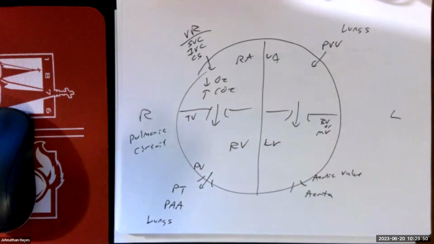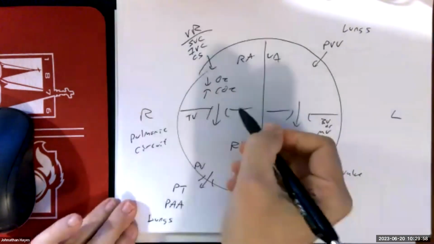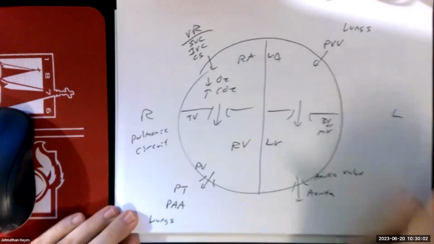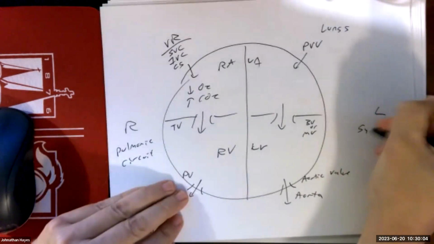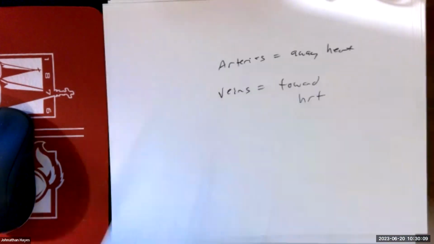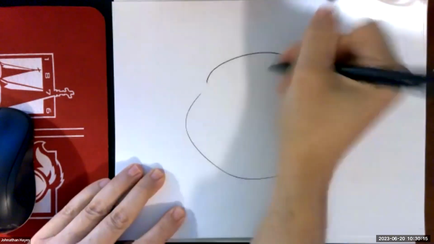Through capillaries, of course, the gas exchange and the nutrient exchange will take place. And then from the capillaries, the venous system will form, right? And then the veins will bring the blood back to the heart again, and you just keep repeating this cycle. So that is the gist of it. And again, this is assuming that everything's working appropriately.